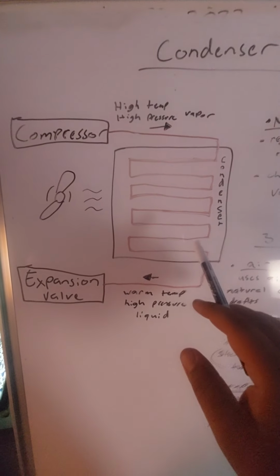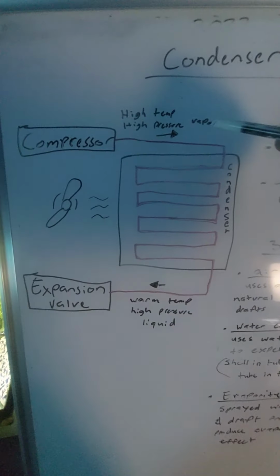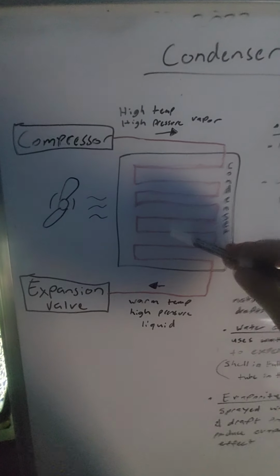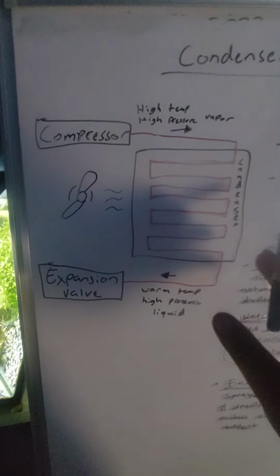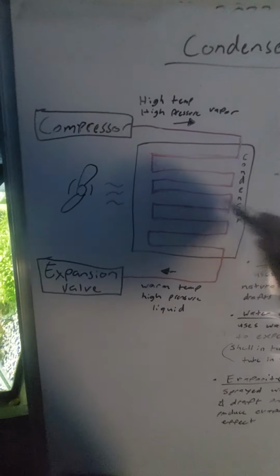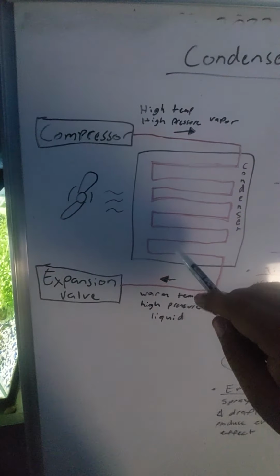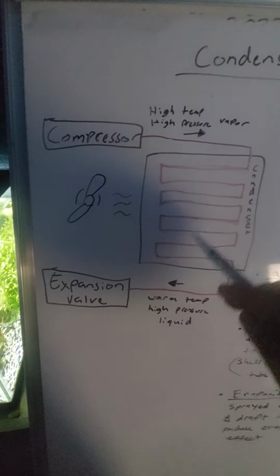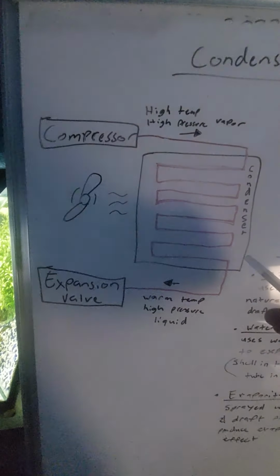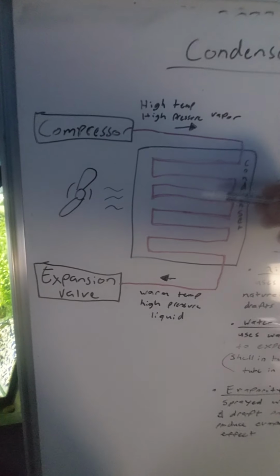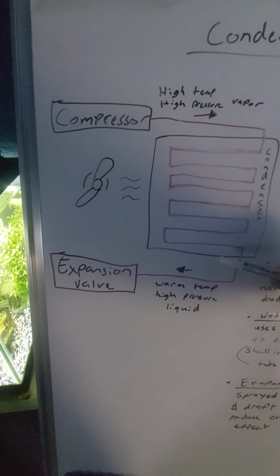Now, as it's traveling down, the temperature is going to drop a little bit. How we're going to do that depends on the unit itself. As it goes down, we expel that heat, and because the temperature is going to drop, the state of it is going to change as well. So from vapor, it goes down into a liquid.